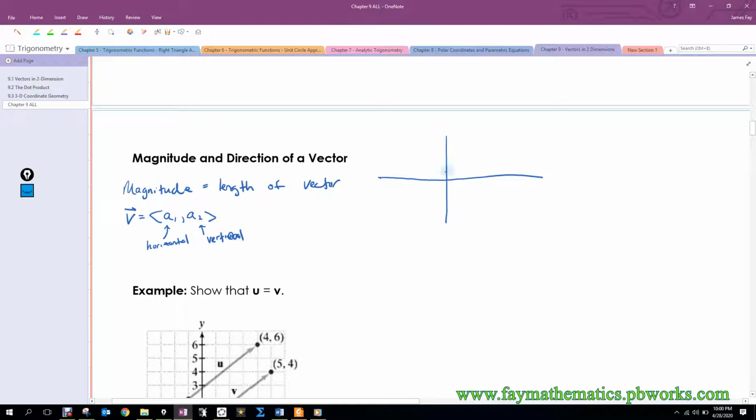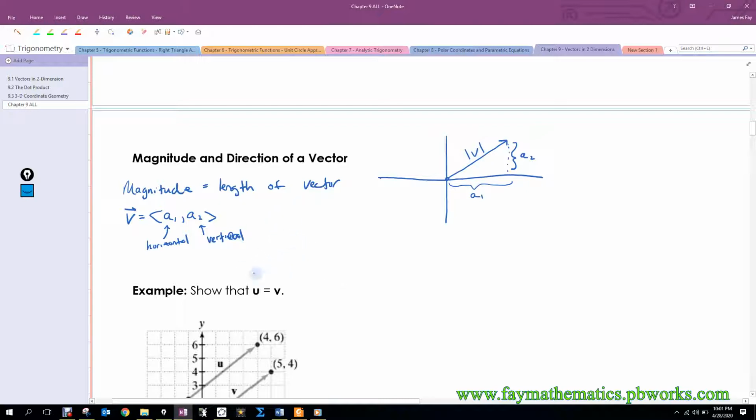I'm going to start at (0, 0) and let's go to there. So they're telling me that this horizontal component is this a1 number. This vertical component here is the a2. So if I want to find the length of the vector, so this is v, the way we say the length is that we're going to put these absolute value bars there.